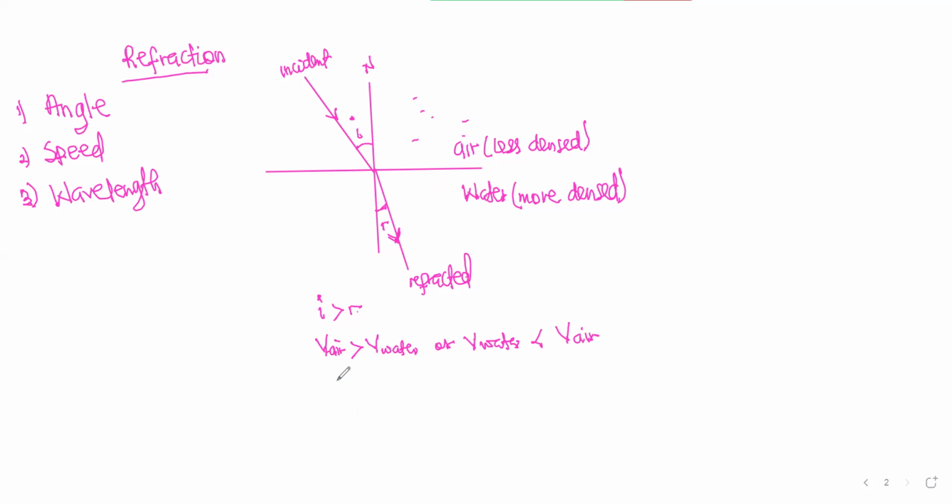Then the wavelength. Now, speed V is directly proportional to wavelength. Let's write this in words. Speed or velocity of light is directly proportional to the wavelength of light in the medium.